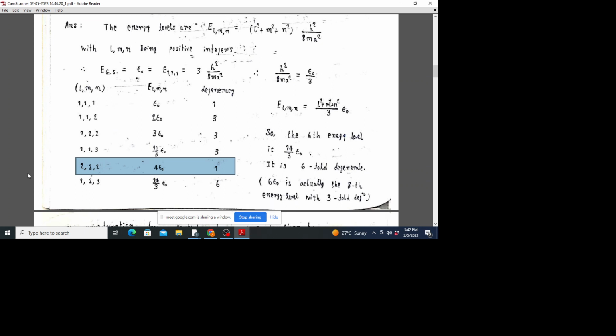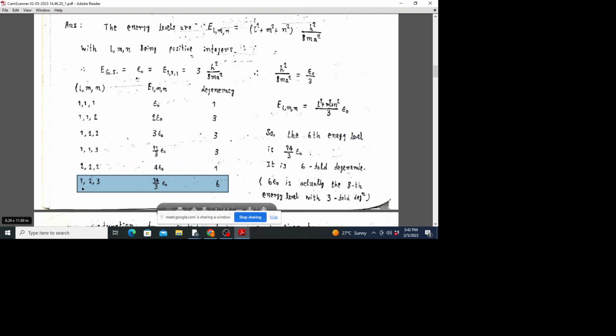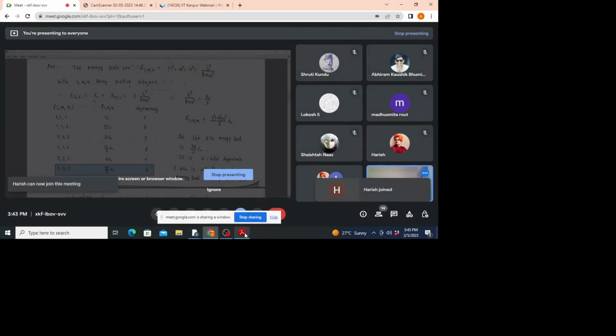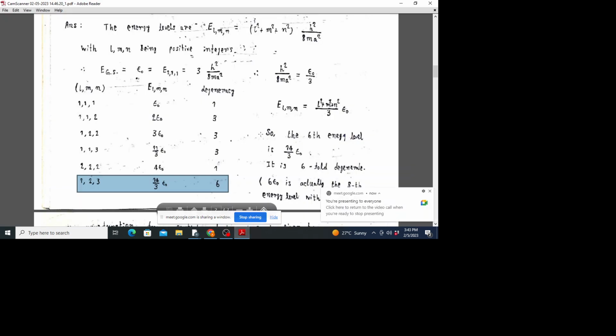Now the sixth one that we need, we get by substituting 1, 2, 3, and that is 14 by 3 epsilon naught, and its degeneracy is 6.